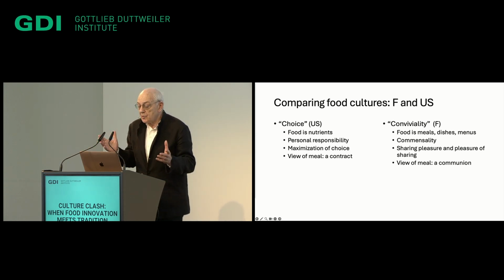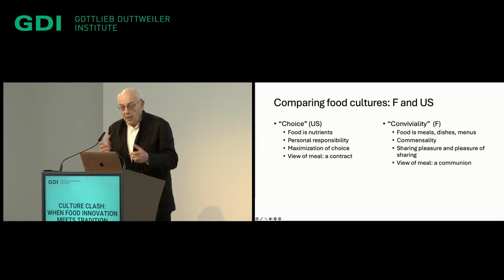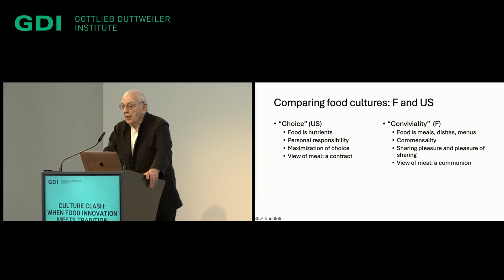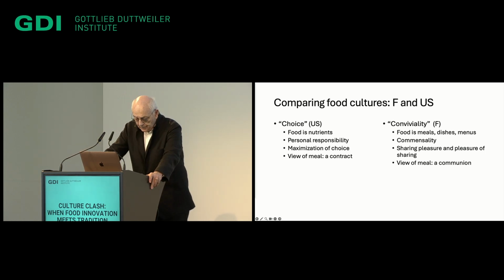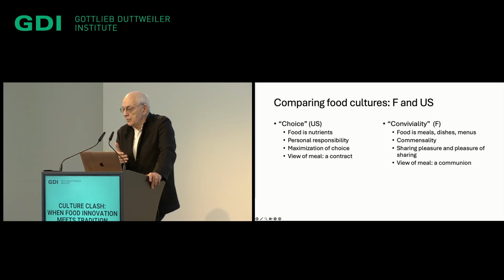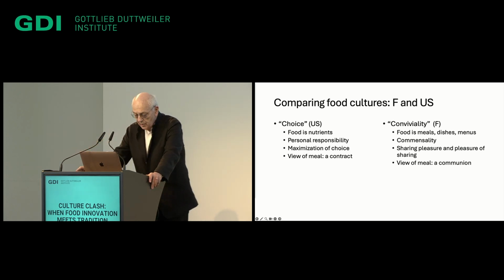There's no such thing as Western diet. And we show that there are considerable differences between countries that have basically the same level of development and are exposed to the same novel trends.